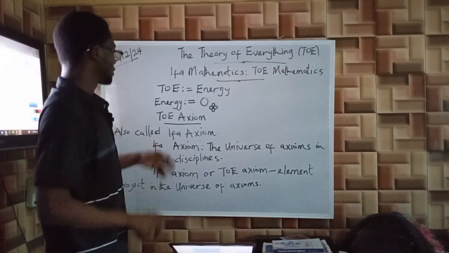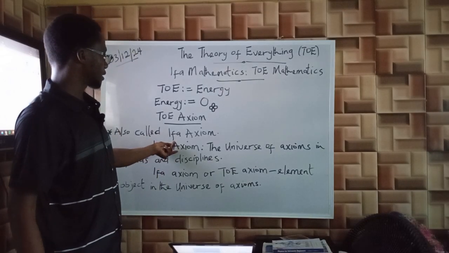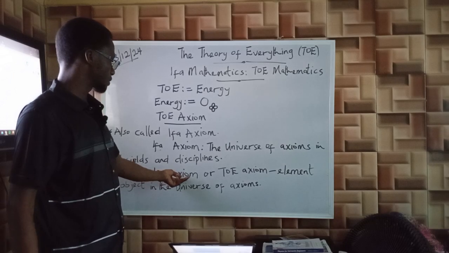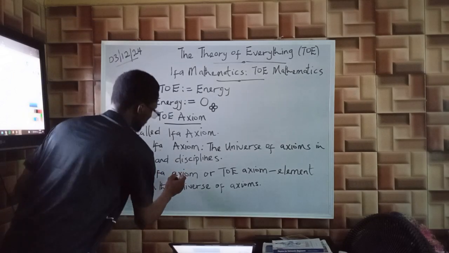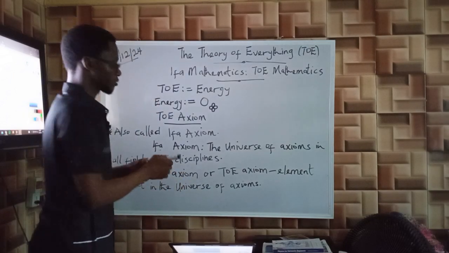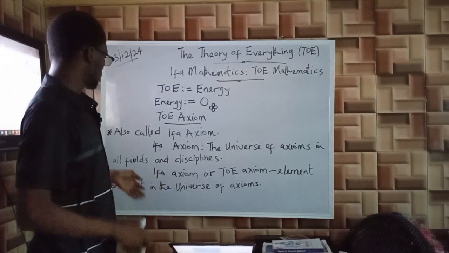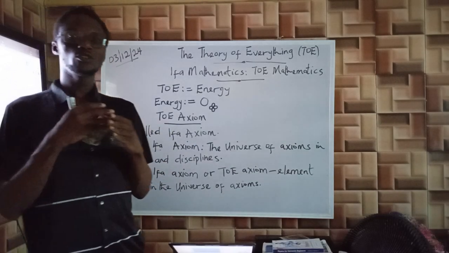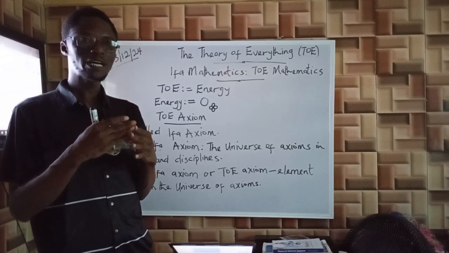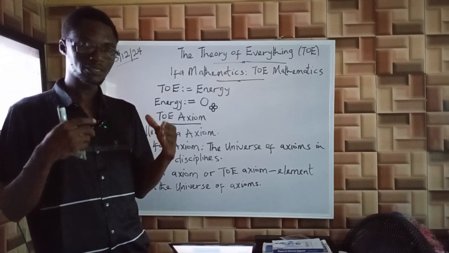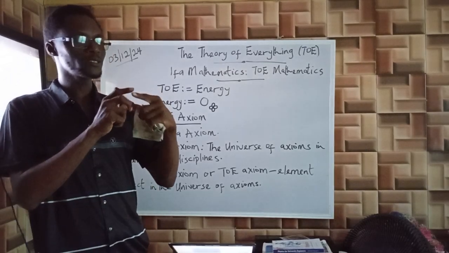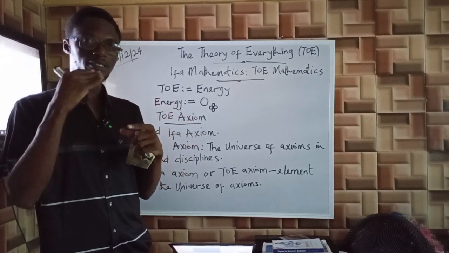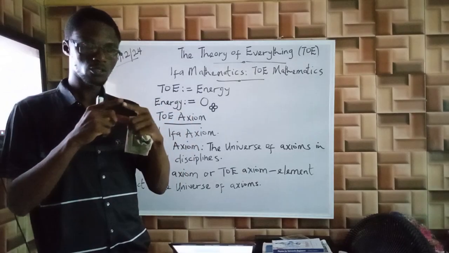We represent the universe starting with a capital letter A, and the elements we represent with a lowercase a, as we can see on the board. The axioms in this universe are double infinite. That means they are extremely infinite. There are many, but we can categorize them into 8 distinct categories or groups.